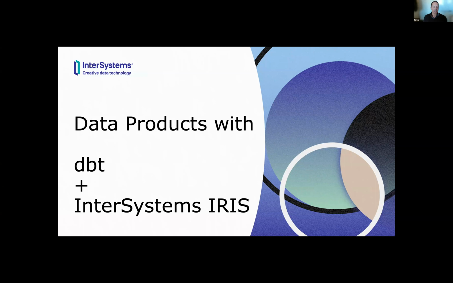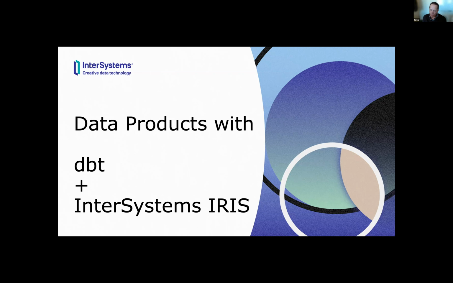So I just wanted to talk a little bit about data products and what that means. It's a term that I've seen around, so I wanted to dig in and see what people thought that meant, and maybe put it in my own terms.